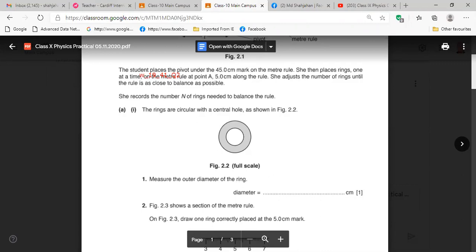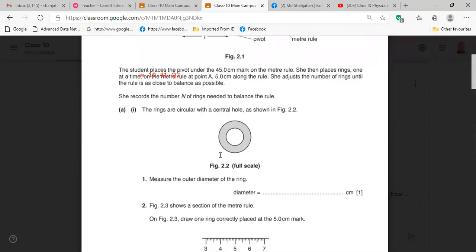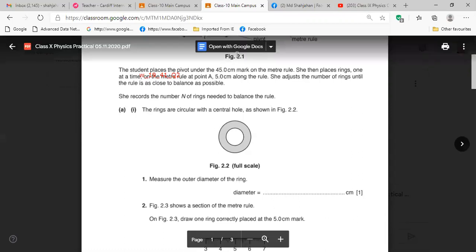So if you take the printout and if you measure it, then you will see the answer is coming 2.2. Write it on your copy, huh? Everyone, please write. It will come 2.2 centimeter. The external diameter or outer diameter. It will be 2.2.